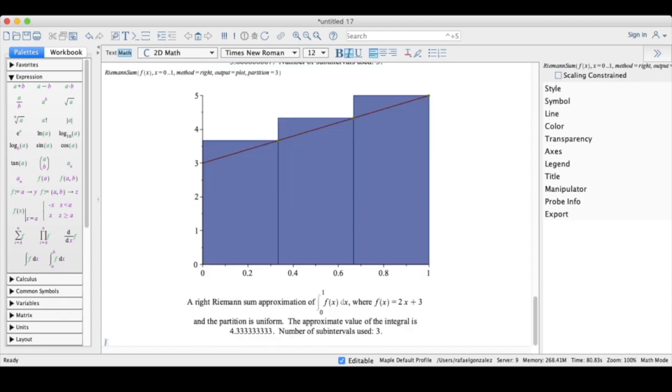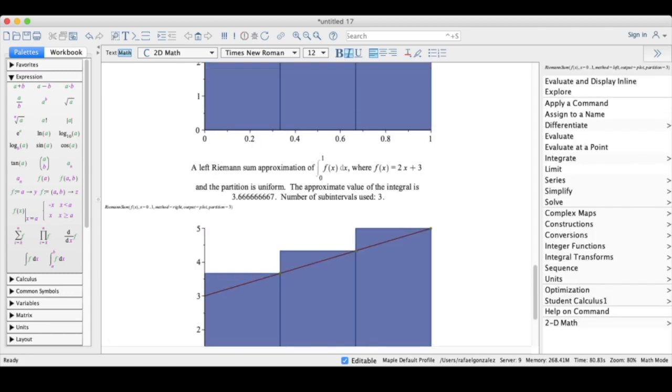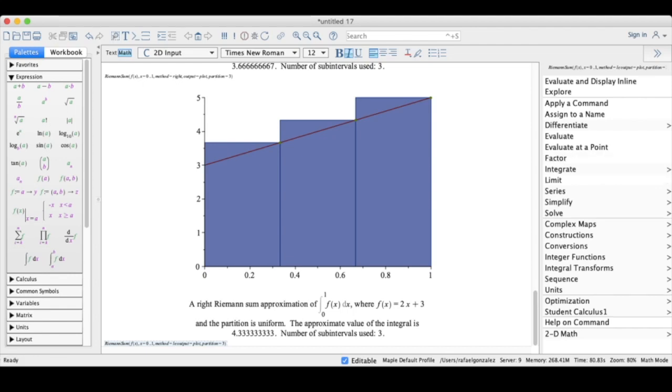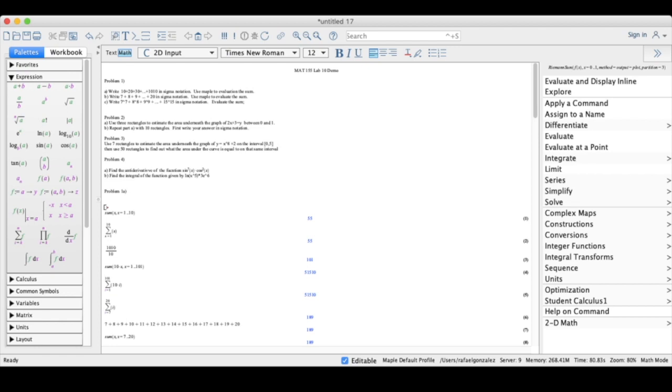Now, I did mention that there were two other methods that you could use. Let me just make sure that I didn't mess this up. Good. I think I just zoomed out. Yes, there's another method that you could use, which is lower. Let me just zoom in.